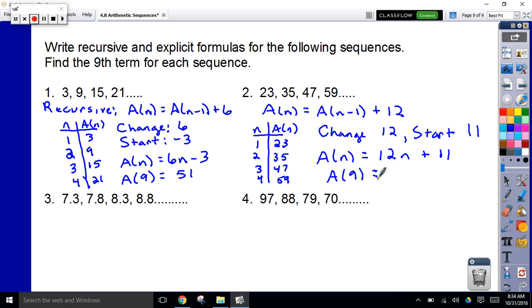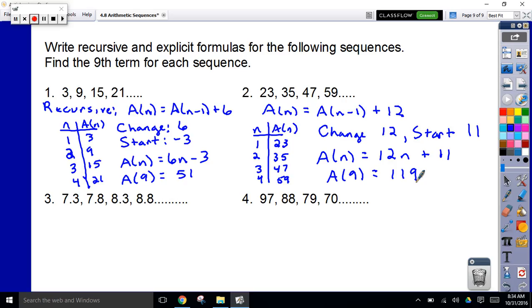You would do 12 times 9, and then add 11. 119, good. Okay, let's pause here and give you a chance to try 3 and 4 on your own, and then we will come back and talk about it.